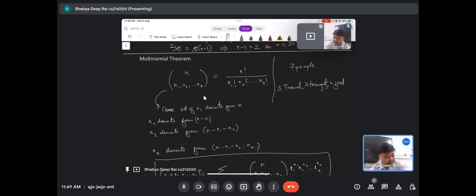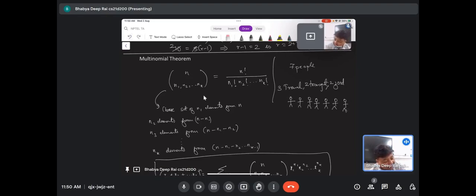So let's say I have 7 people: 1, 2, 3, 4, 5, 6, 7. Okay. How many ways can I choose 3 for travel, 2 for transport? I can choose them this way. This is one way to do it.